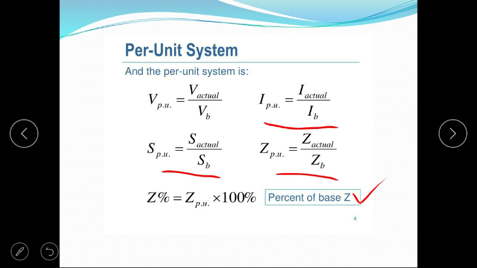Similarly, Z per unit is equal to actual value of Z upon base value of Z, where base value of Z, that is ZB, is equal to V base square upon S base. So the per unit or percentage value of any quantity is equal to per unit value into 100.